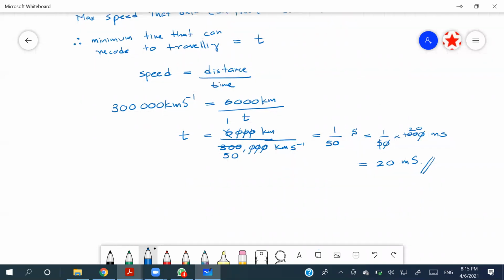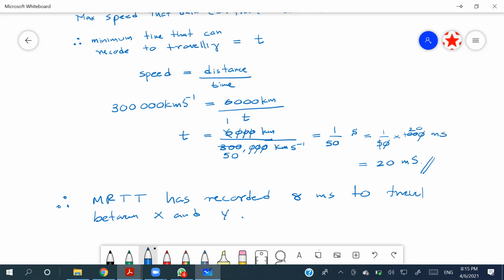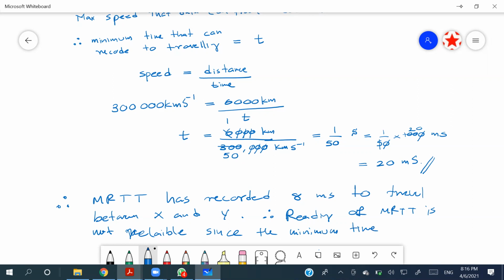So we can say, therefore, MRTT has recorded 8 milliseconds to travel between X and Y. Therefore, the reading of MRTT is not reliable, since the minimum time should be 20 milliseconds.